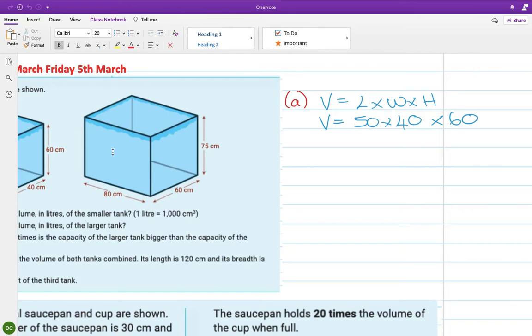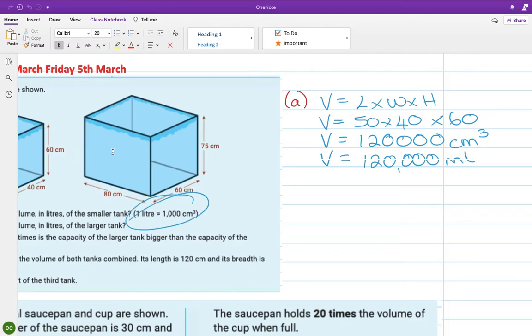So 50 by 40 by 60 is 120,000 centimeters cubed. But remember I told you that centimeters cubed are the same as mils? Yeah? And then it says it here. Oh, actually they made the conversion straight, so we didn't even need to go to mils, but it doesn't matter.